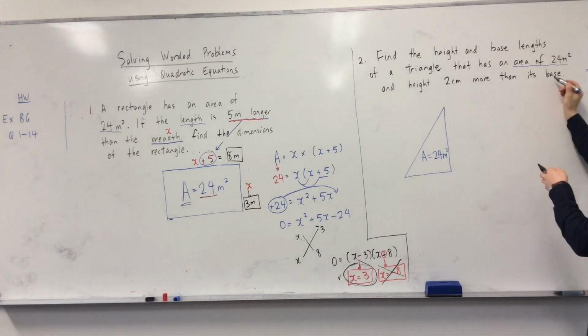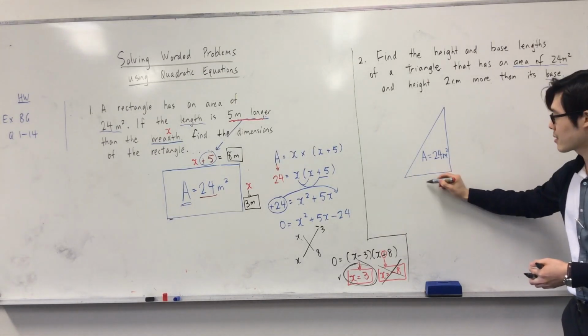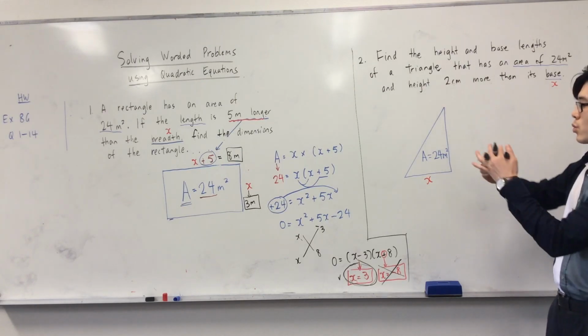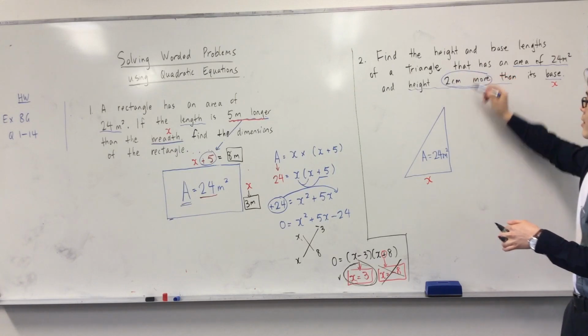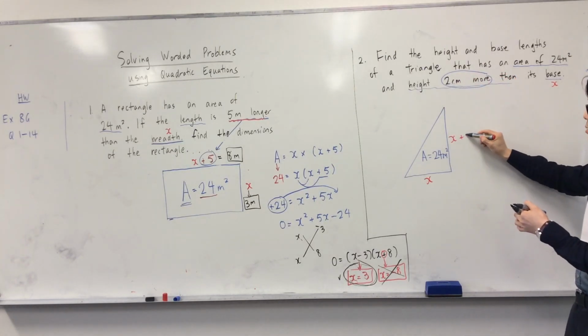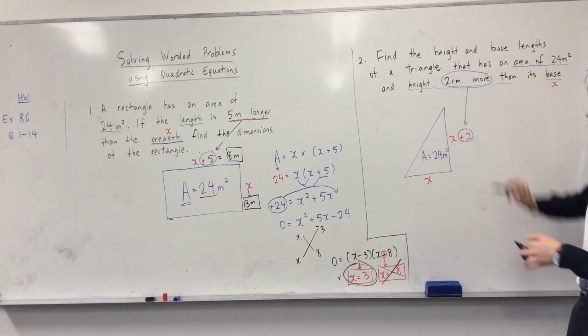Now, the height is 2 centimeters more than its base. See that base? If I label the base as x, that means the height is 2 centimeters more. That means this height is going to be x plus 2, like we saw in the previous example.